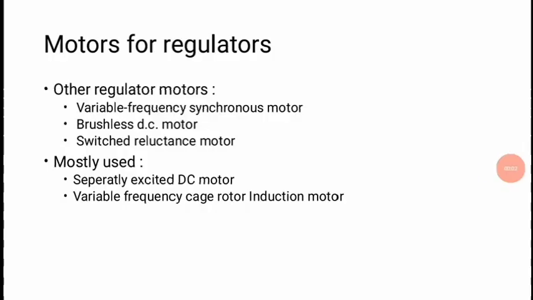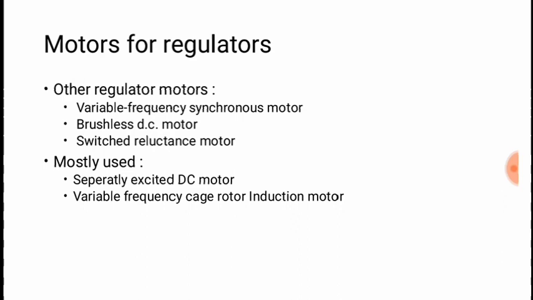So we came to the last of our first lecture. For speed control applications, we can use the DC separately excited motor and the induction motor. We discussed that. We can also use different types of motors like a variable frequency synchronous motor.